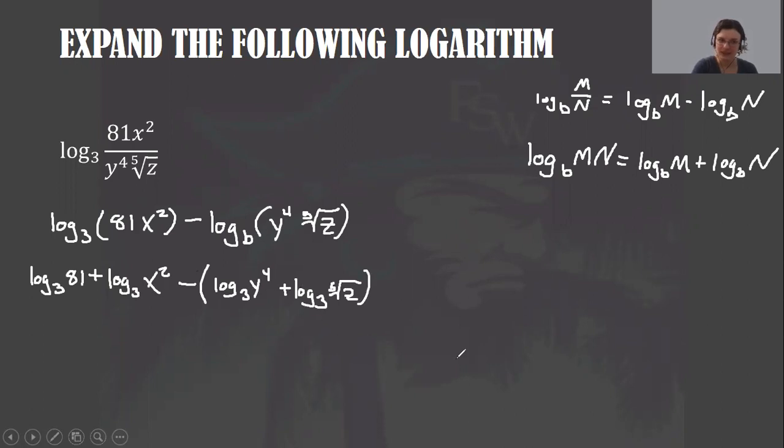There we go. Our next step is to check the powers of what we have. So I want to put everything in a most simplified exponential form. When I look at my 81, I can actually rewrite that as 3 to some power. In this case, 81 is the same as 3 to the 4th.